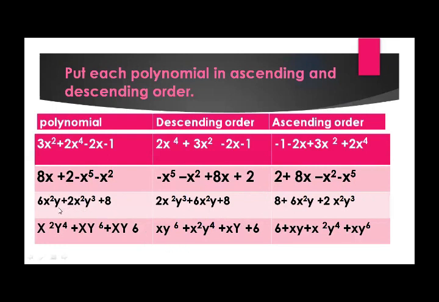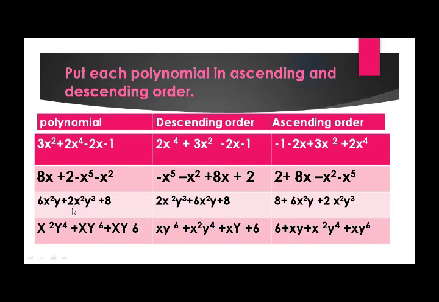And in the third polynomial, we observe that it is 6x squared y plus 2x squared y cubed plus 8. We observe that there are two variables. So we will select any one variable and arrange our polynomial with respect to that variable. There are two conditions.